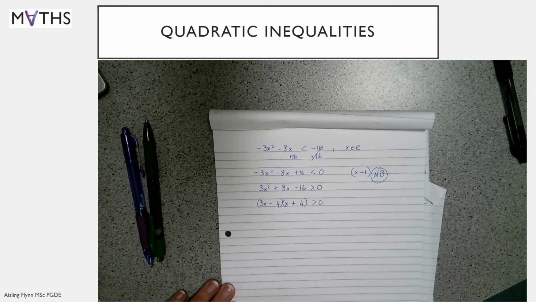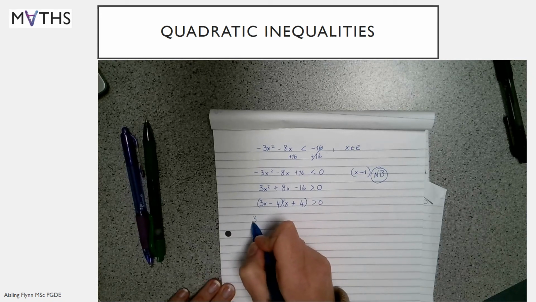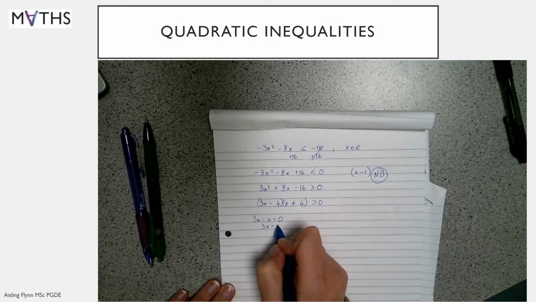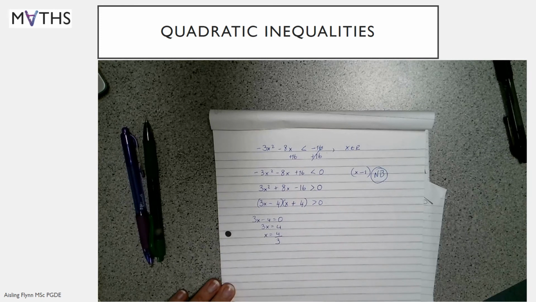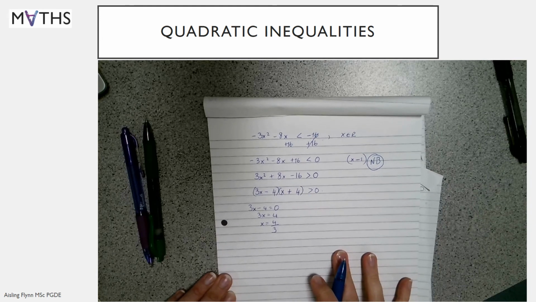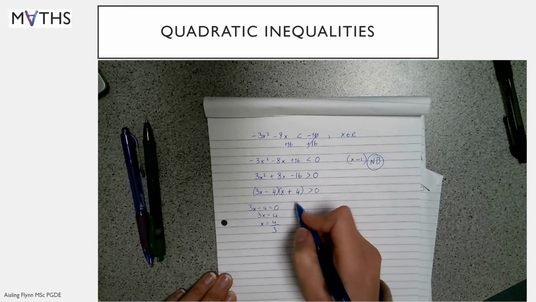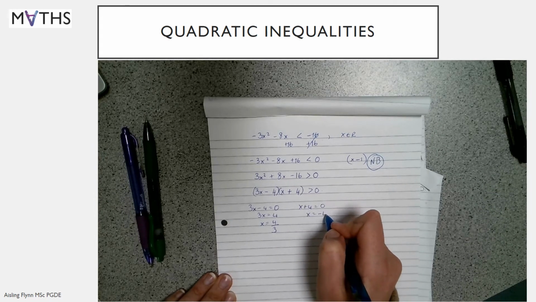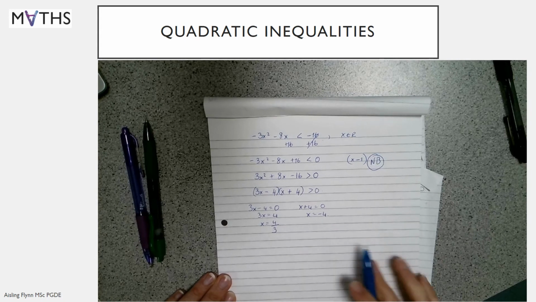Okay, so to solve for x, put each factor equal to 0. We get 3x equals 4, so x equals 4 over 3. And we get x plus 4 equals 0, x equals minus 4. Okay, let's do a quick sketch.